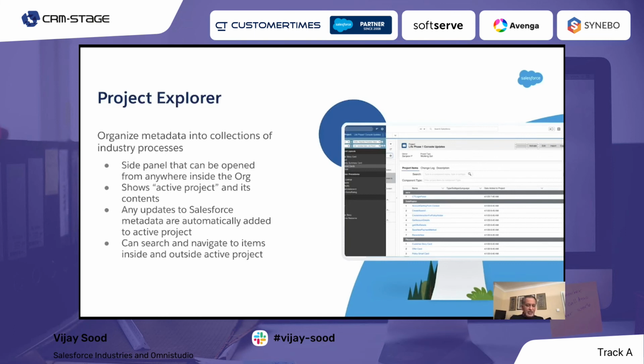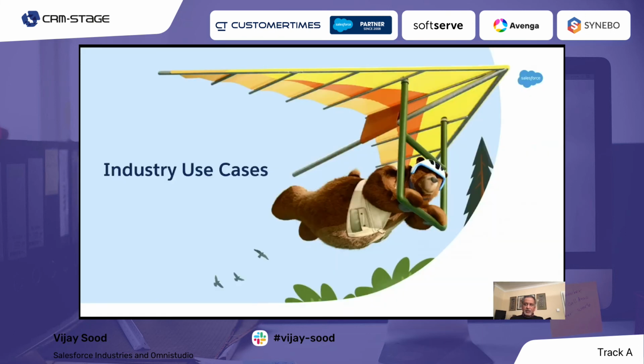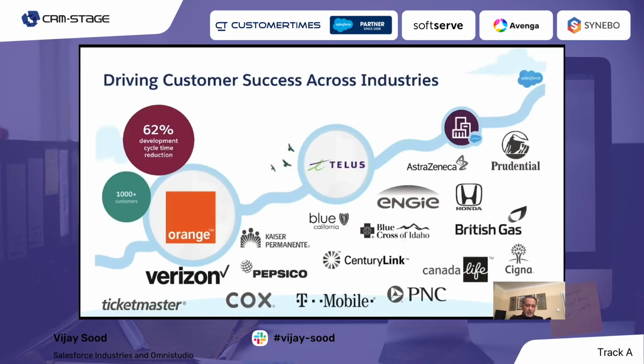Okay, so this is my whistle-stop tour on what the Omnistudio capability is, and a little bit around what DevOps tool sets we can utilize. Just as an example, one slide on the types of customers that have utilized this. You do reduce your development time.